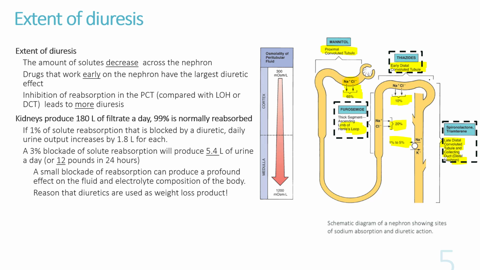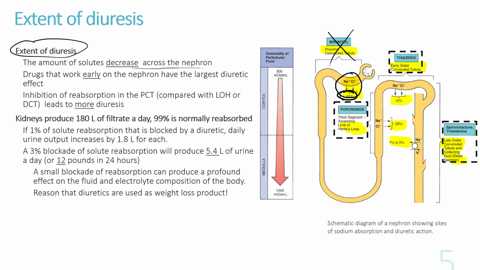Now, conveniently, there are drugs that are specific to blocking reabsorption at each of these points. We're not going to talk about mannitol today, but we're going to focus our attention on the other three sites. The extent of diuresis decreases across the nephron. That means the earlier it comes across in the tubules, the more sodium is reabsorbed.